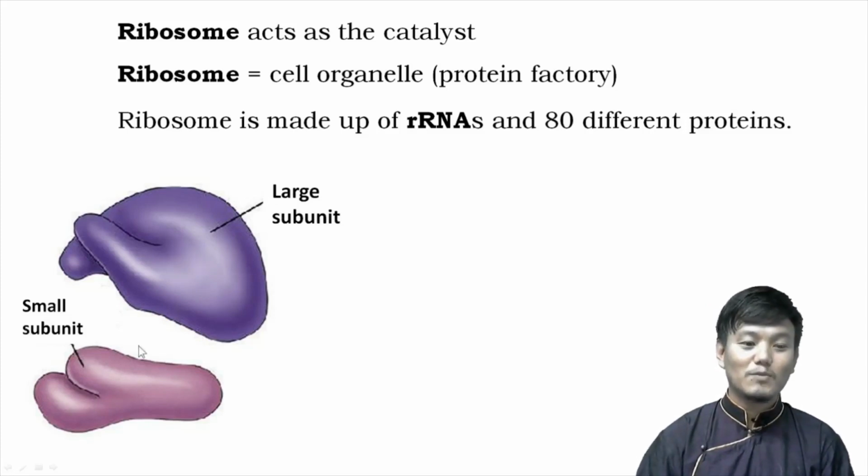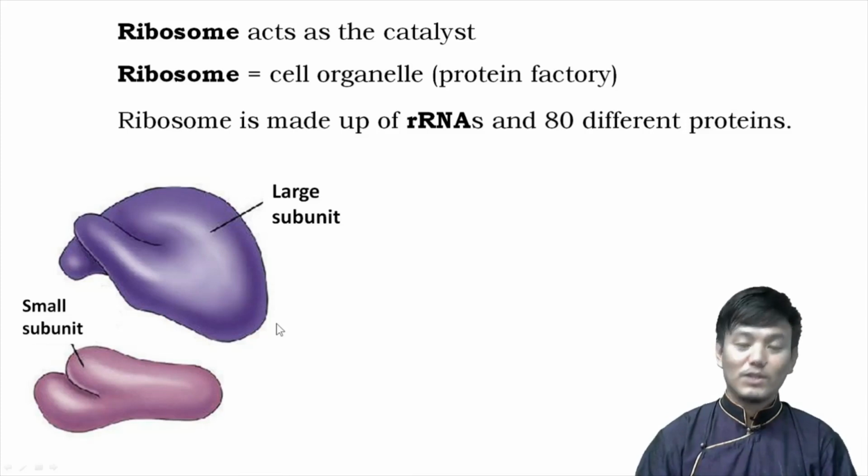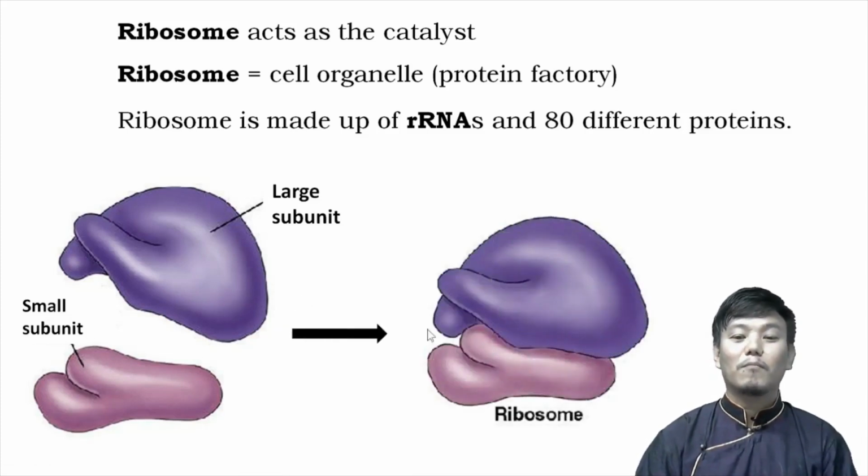This occurs when there is no translation going on, no protein production. But when protein production needs to happen and the mRNA comes over here, these two subunits bind with each other to form a functional ribosome. And this ribosome will start synthesizing the protein.